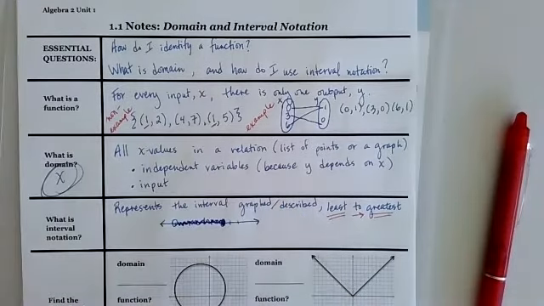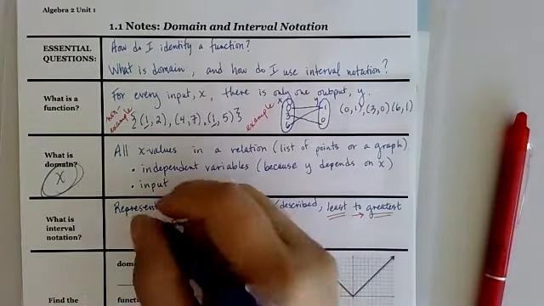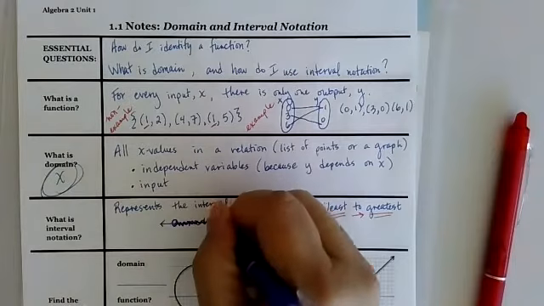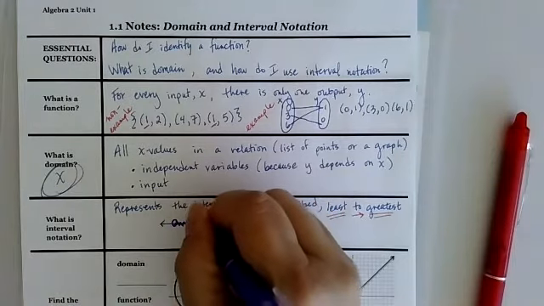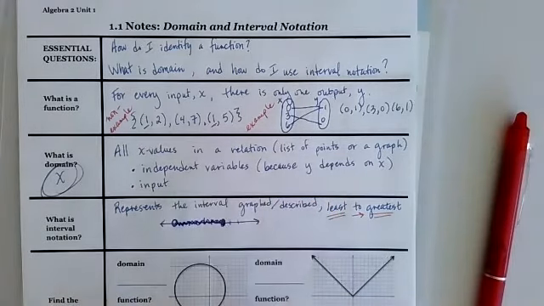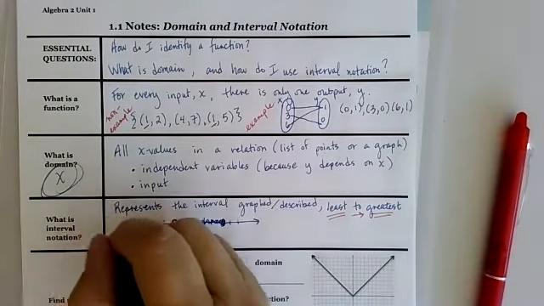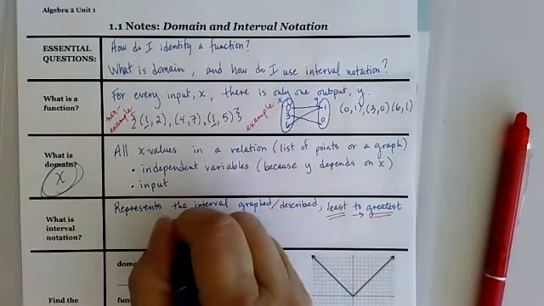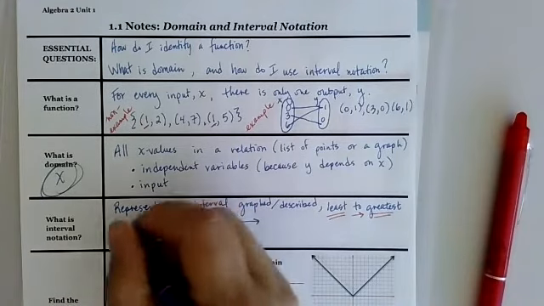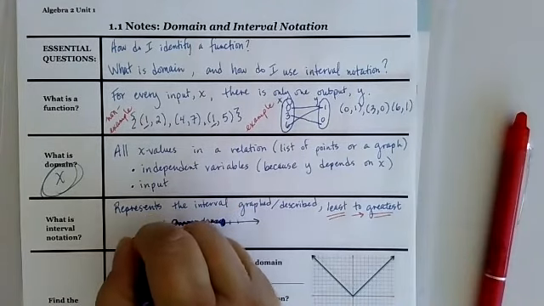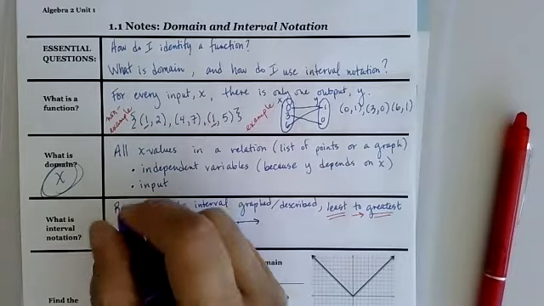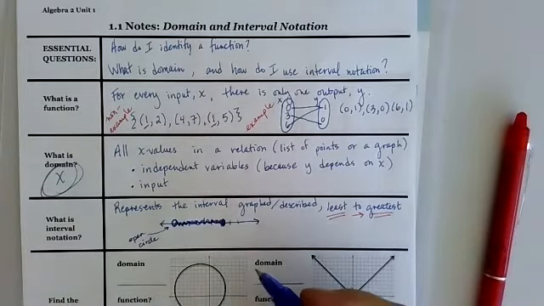This isn't a two-dimensional graph like what I have below, and that's okay because I'm only describing the x value anyway. I don't need a y to do the domain. Here I have an open circle. So I call that an open interval.